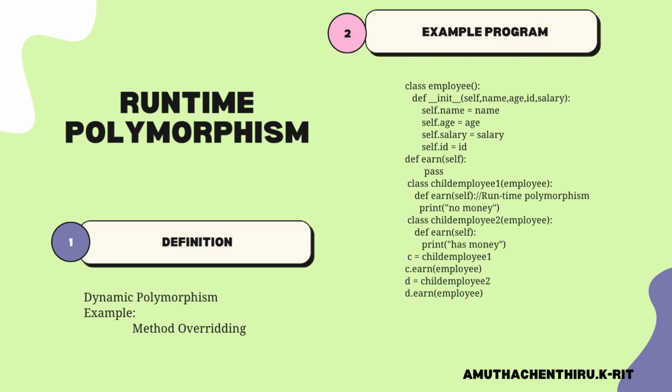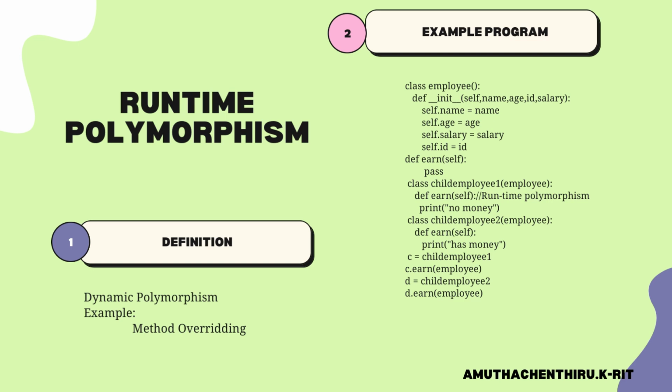If you look closely, I created an empty function and used pass. Pass is a statement that can be used when you do not want to execute any command or code. Now, under the two derived classes, I used the same function and made use of the print statement as no money and has money.